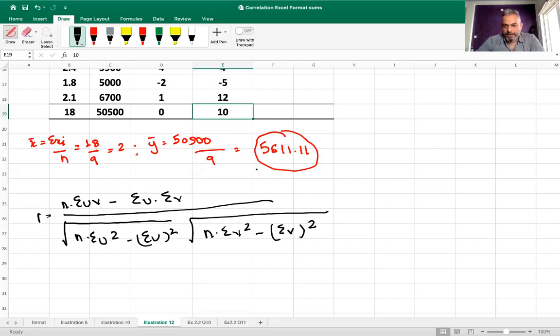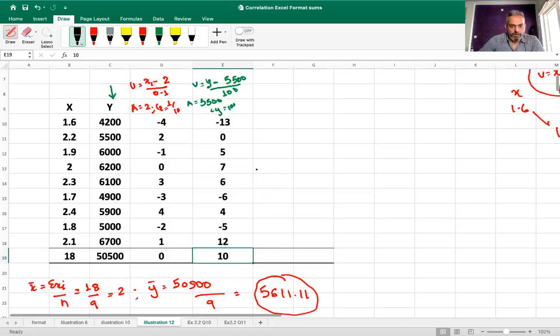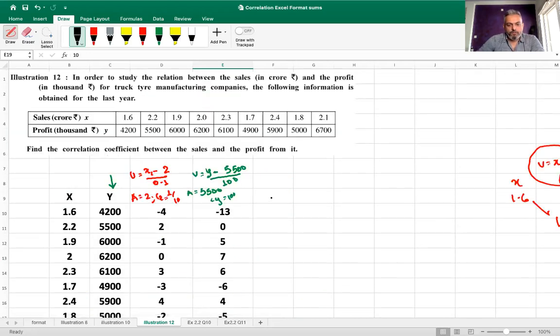So now we have sigma u and sigma v, but we also want to find out uv. We write uv. It is small uv, okay. Then you have u square and we have v square.